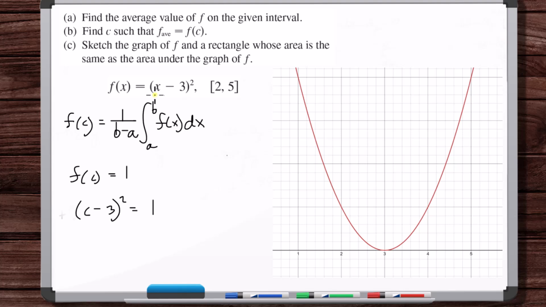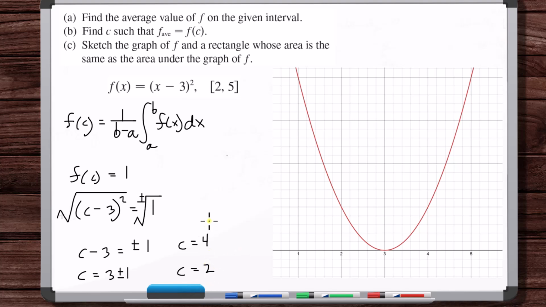So where does (x minus 3) squared equal 1? c minus 3 is equal to plus or minus 1. c is equal to 3 plus or minus 1. So we've got c is equal to 4 and c is equal to 2. And both are within the interval.